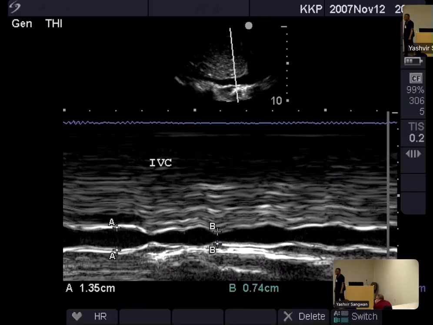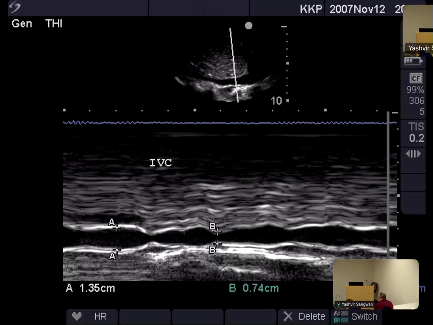I can use, and this is another thing that we have to correct, I'll tell you why, the IVC change with respiration. When you are on the ventilator, it has to be the exact same criteria as the PPV and SPV. When you are on the ventilator, I push air in, I push blood out.